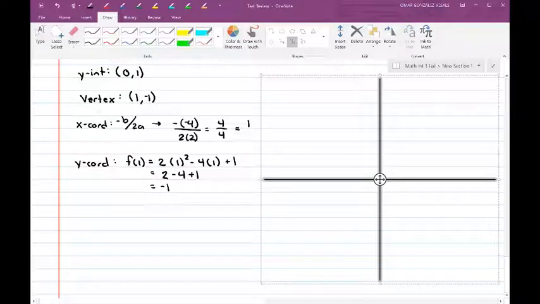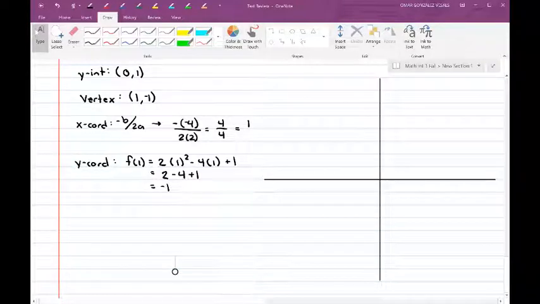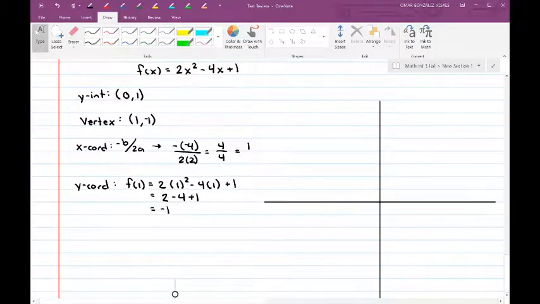You see them? I'll show you right now. By the way, does it open up or down? Yeah, Ralph? Hold up. What's up, Ralph? How do you get 2 on the y coordinate? Isn't it 4? I'll show you the work for it.